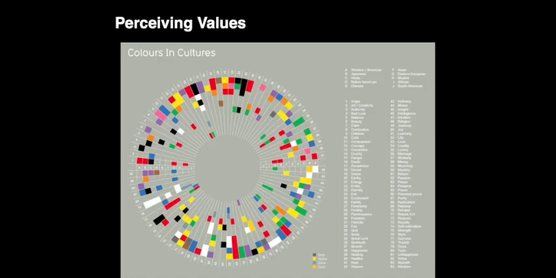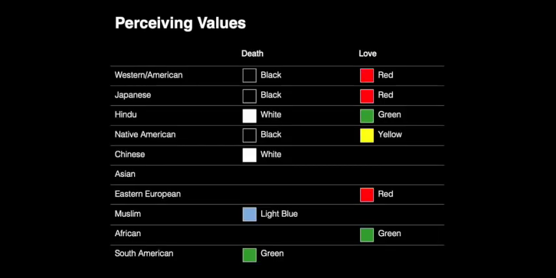So you also have to take into account that not all cultures see color the same way. This is a beautiful visualization that shows 10 different cultures with 84 different moods and what colors are used to represent all those moods in those different cultures. If we take a closer look at death and love, we can see that there is a huge difference pretty much across the board. So it's important first to know your audience.